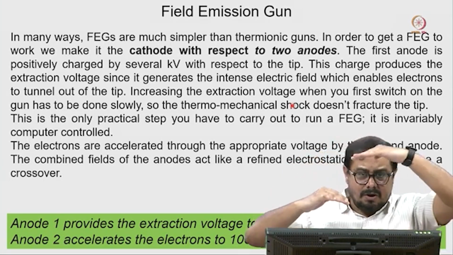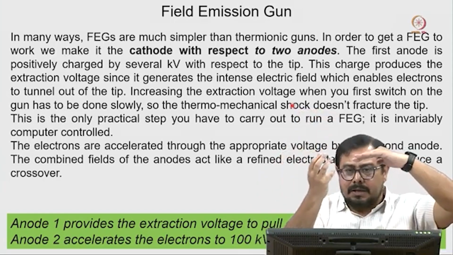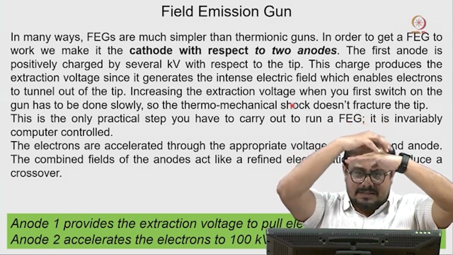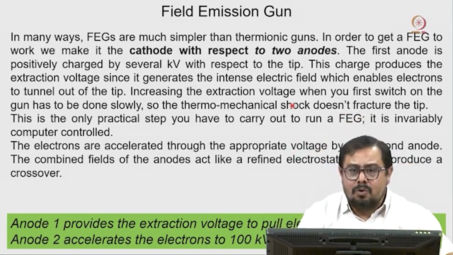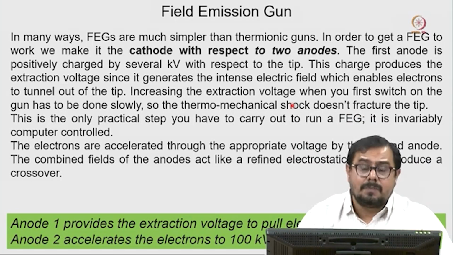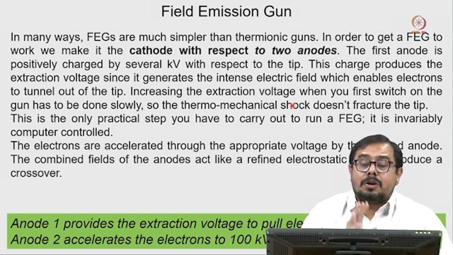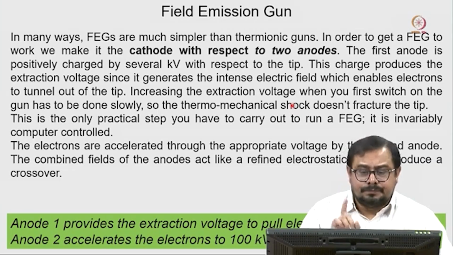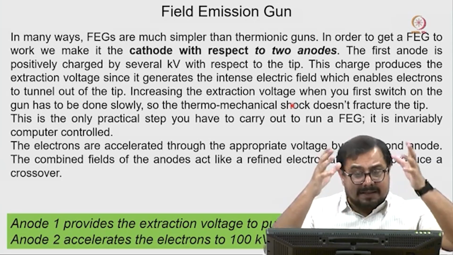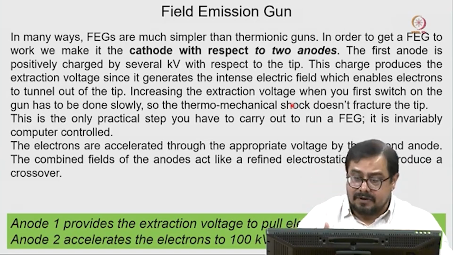If this is your column, you have to block it, open the gun, change the filament, and then fix the upper part of the microscope again, and then you have to get the actual vacuum. If you do not get the actual vacuum, it cannot generate the proper electron beam. Your brightness will be very low and your filament will be damaged. So it is time consuming, and very frequently you have to change the filament.